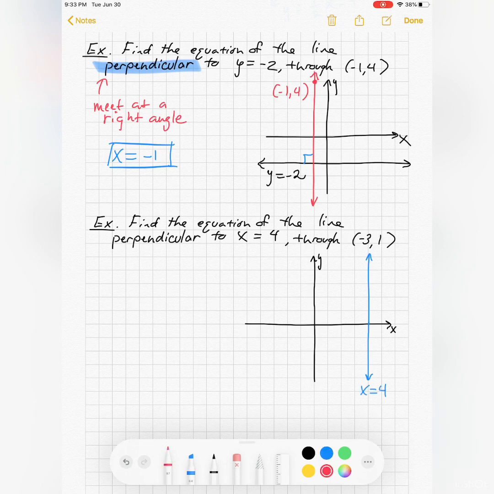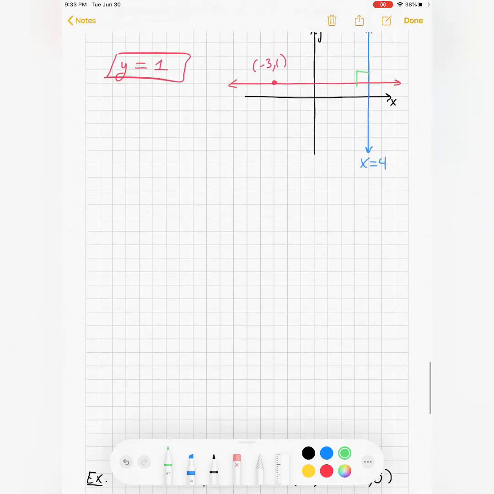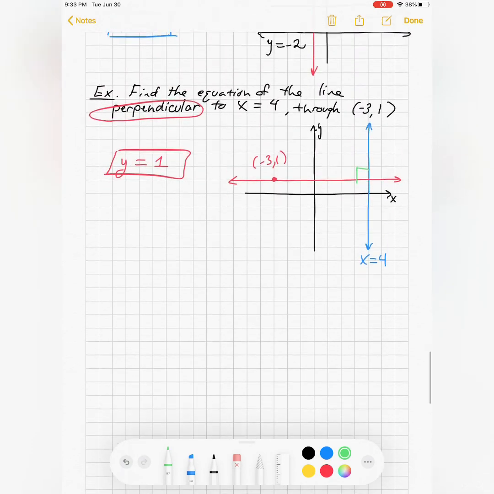Let's see, the point negative 3, 1. And then again, I'm looking for a perpendicular line. So that's going to have to be horizontal. y equals 1. 90-degree angle. I think there's one more.